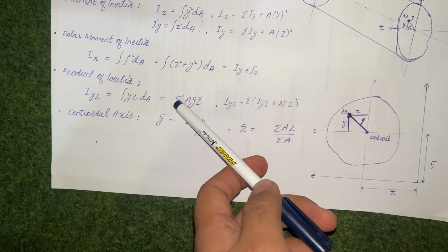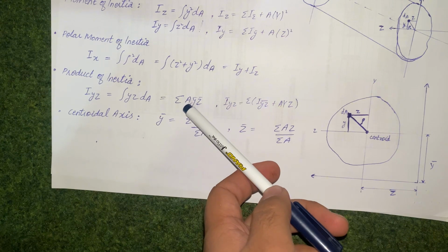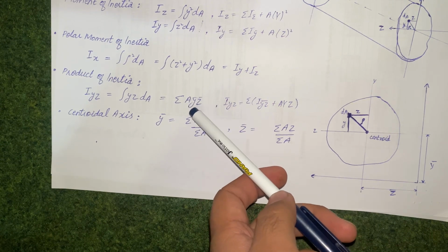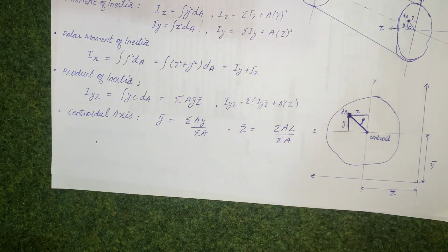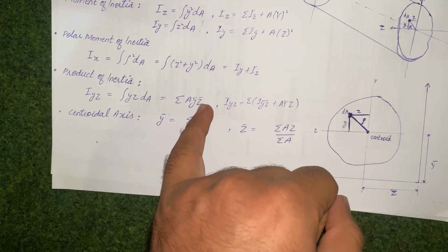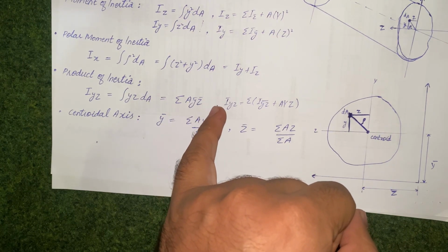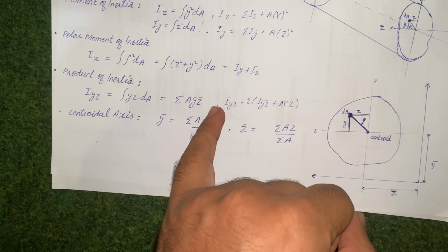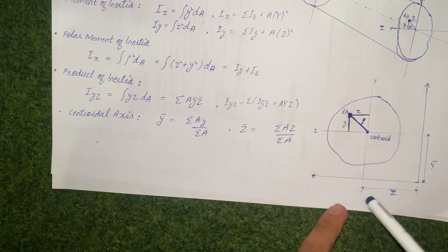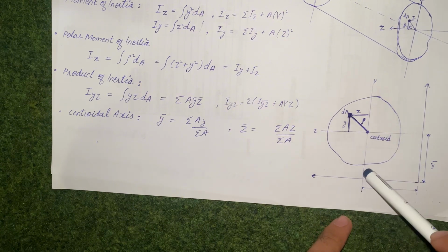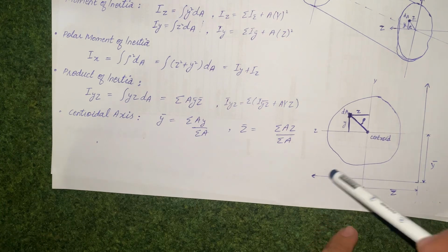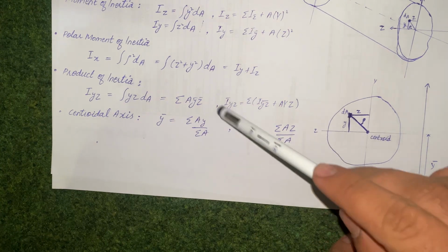It can also be written as the summation of A, y bar and z bar. Now what are y bar and z bar? We will also discuss that in the upcoming problem. This y bar and z bar are the centroid to centroid distances: the distance from the centroid of the section to the centroid of the whole body along the y axis and z axis.